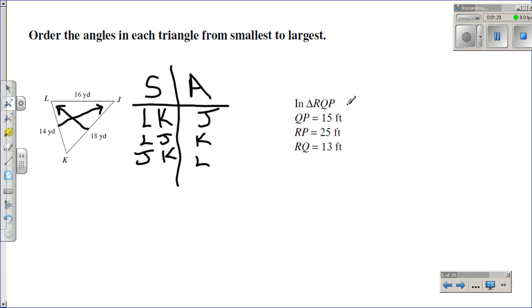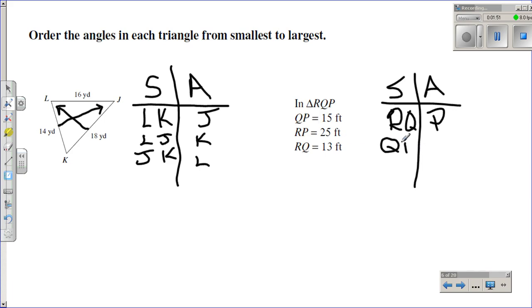I like this way because what if you don't have the picture? Well, look, we can go sides, angles. In this case, it tells us the sides. It wants smallest to largest, so the smallest side is RQ. What letter's missing? P. The next one is QP.